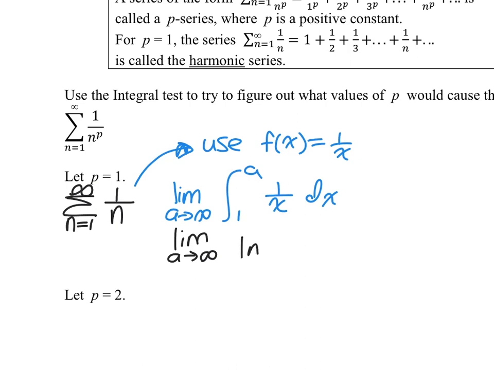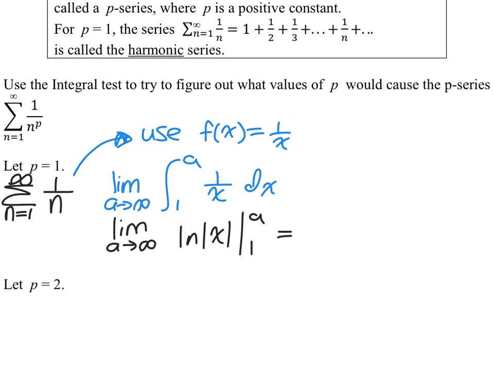Natural log of x on the interval of 1 to a, which is going to be the limit as a approaches infinity of the natural log of a, minus the natural log of 1, but natural log of 1 is equal to 0, so it goes away.